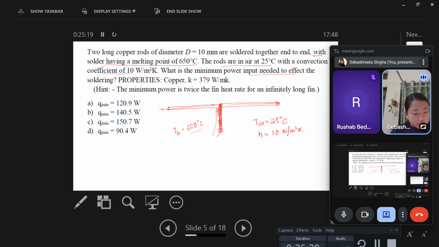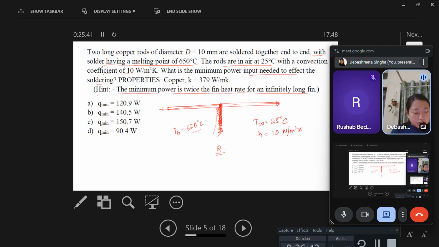What is the minimum power input needed to affect the soldering? So what is Q here? How will you find this out? A hint is also given: the minimum power is twice the fin heat rate for an infinitely long fin.